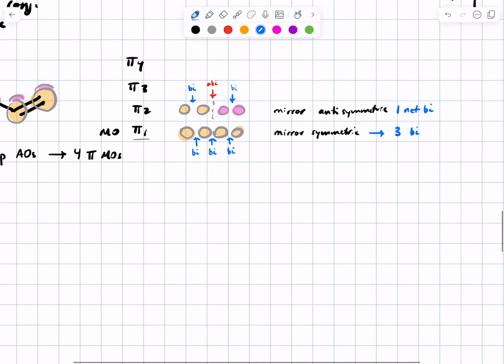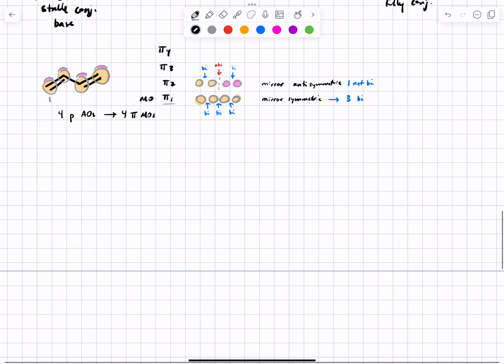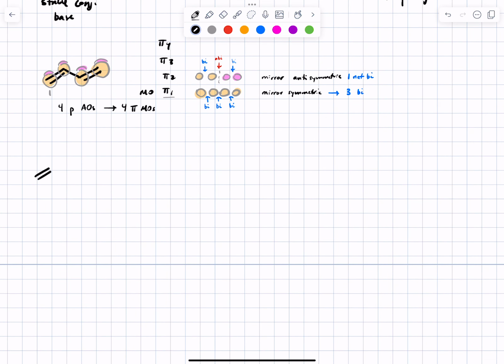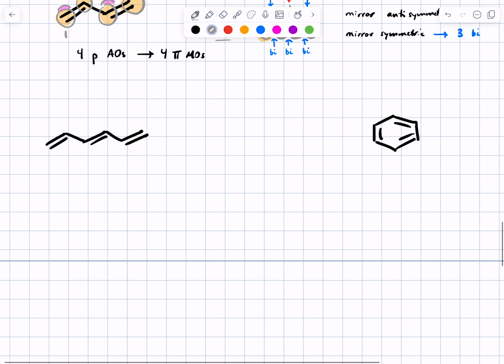All right. With that in mind, I want to just briefly contrast 1,3,5-hexatriene with benzene. And all we're going to do on this is just consider the lowest energy orbital. Again, think about mixing 6 pi molecular orbitals together, and the lowest energy combination will always be the one where there's no nodes.